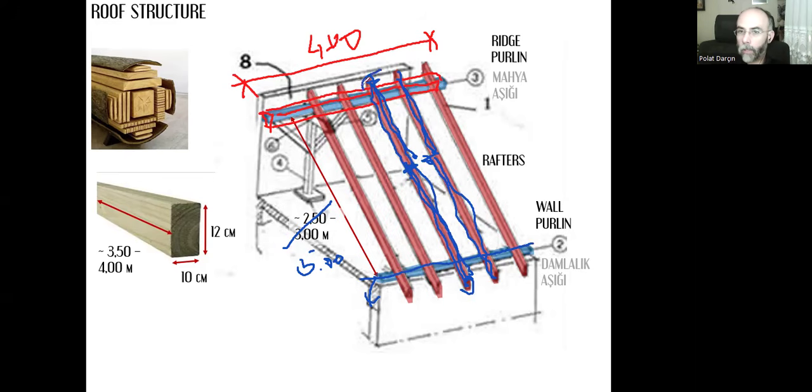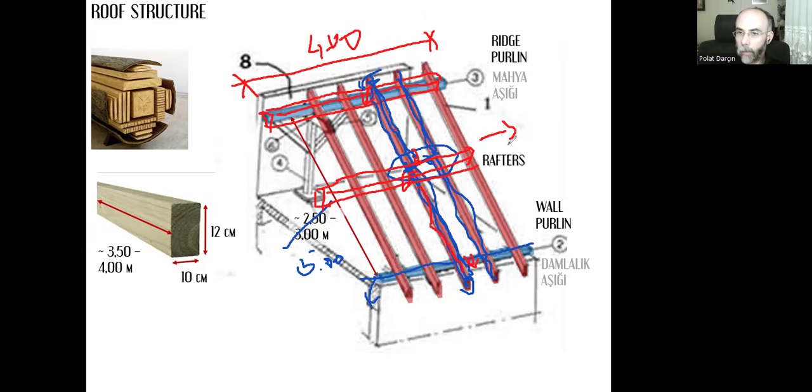They can transfer their loads to the ridge purlin, but what about this connection? It's weak, so we can prefer another purlin here, right under the connections, so that this piece will be supported on this end and that end. The other piece will be supported on this end and this end.